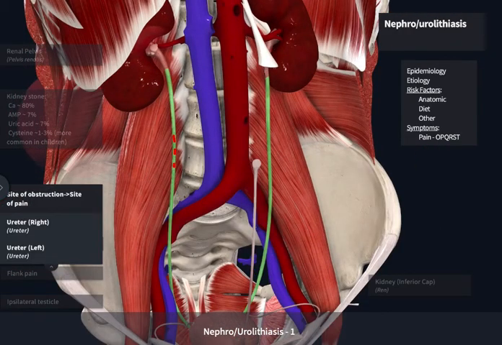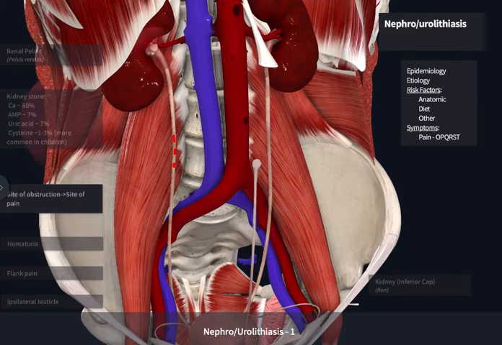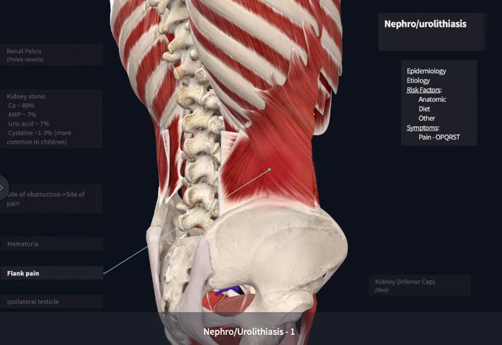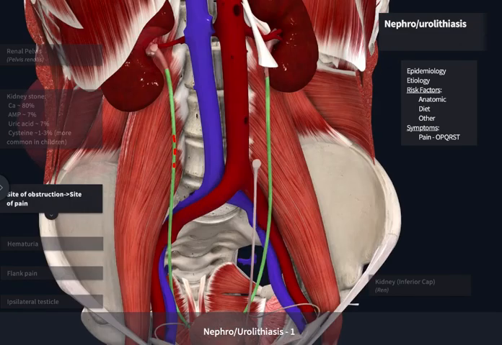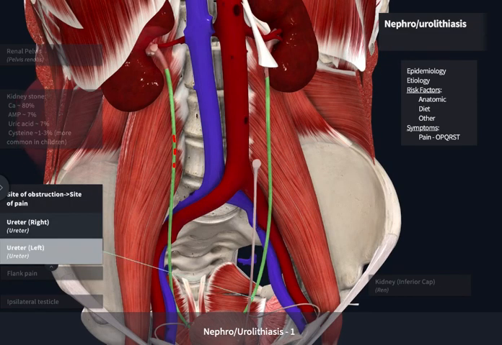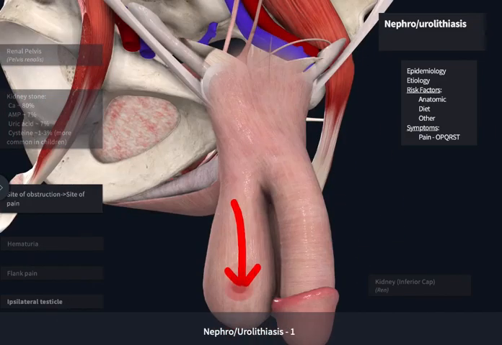The site of obstruction determines the location of the pain. Upper ureteral or renal pelvic obstruction leads to flank pain or flank tenderness, whereas lower ureteral obstruction causes pain that may radiate to the ipsilateral testicle or labium.